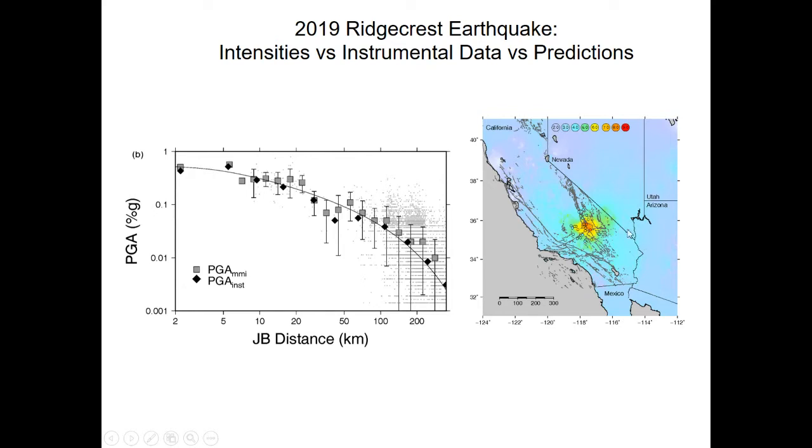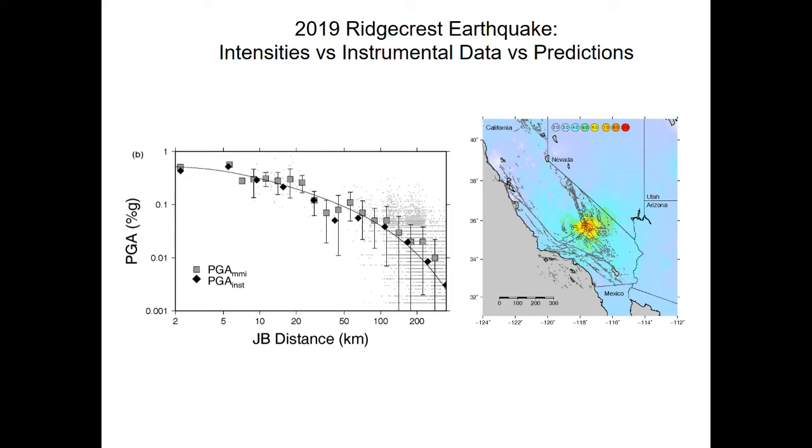So last year we had a magnitude 7.1 earthquake in the desert. So it's California. The desert is up here. Los Angeles is down here. The earthquake was felt over most of California and into neighboring states. And again, this map is not showing peak ground acceleration, it's showing intensity, because this remains a very useful way to convey the information.